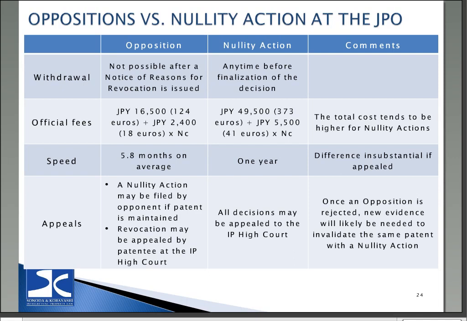And nullity action takes 1 year. Both are very fast compared with other jurisdictions, but still opposition is very quick. And as for appeals, there is a limitation about the appeal for opposition decisions, but for nullity action, you can always appeal to the IP High Court.